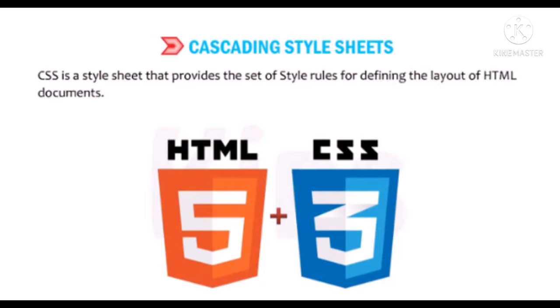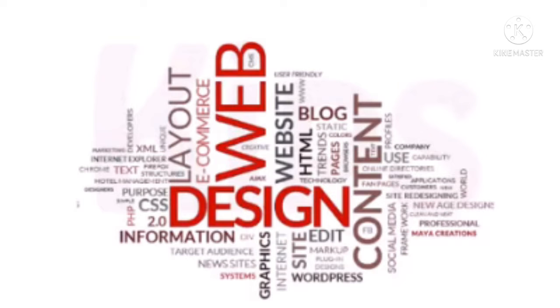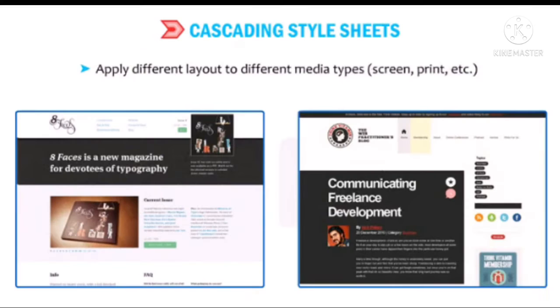I have already told you it helps us to control the color of the text, the style of fonts, the spacing between paragraphs, etc. The main benefits of CSS include control of layout of many documents, and it will give us more precise control of layout, and it helps to apply different layouts to different media types. Okay, you can see in several web pages different styles, and they are using these cascading style sheets.